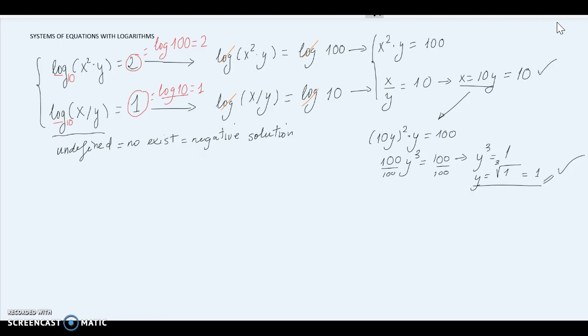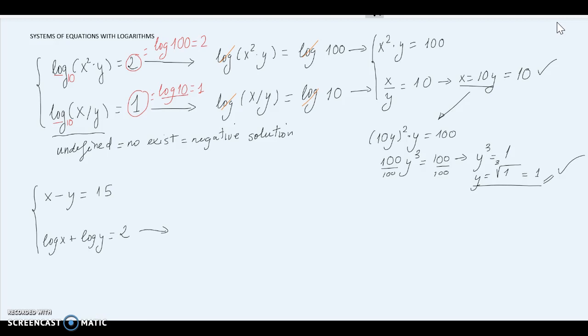Let's see another system. Now we are going to combine an equation without logarithms, x minus y equals 15. And the second equation will be log of x plus log of y equals 2. What I'm going to do is transform the second equation into another without logarithms.